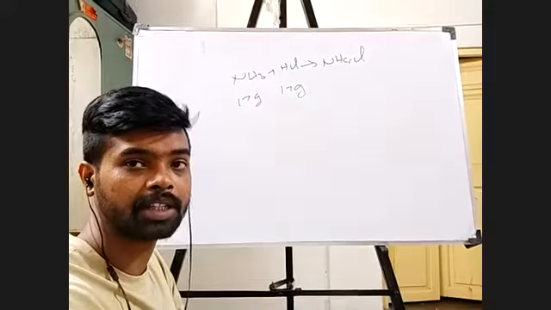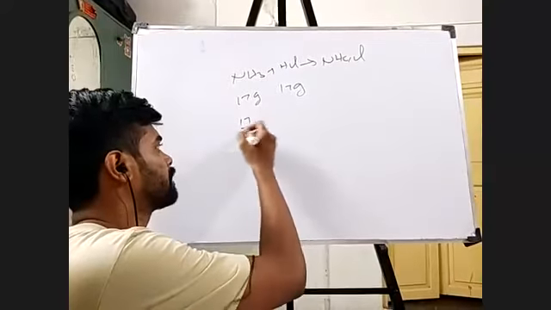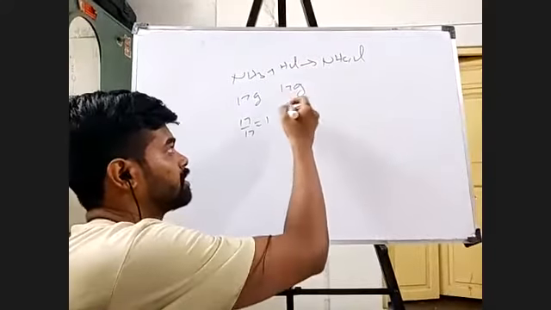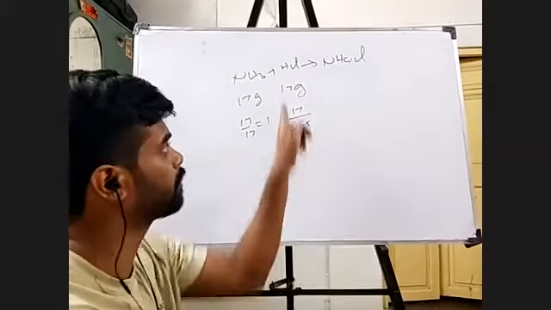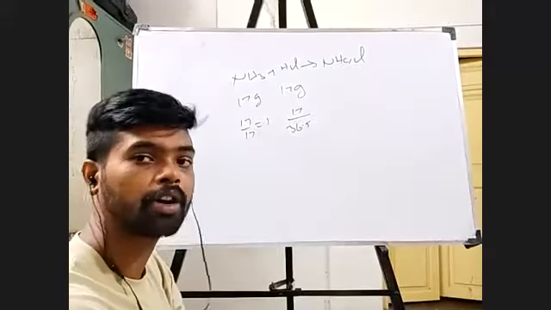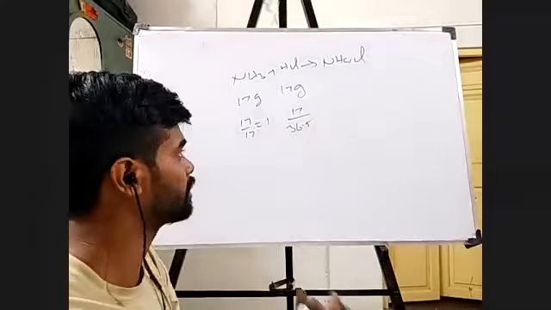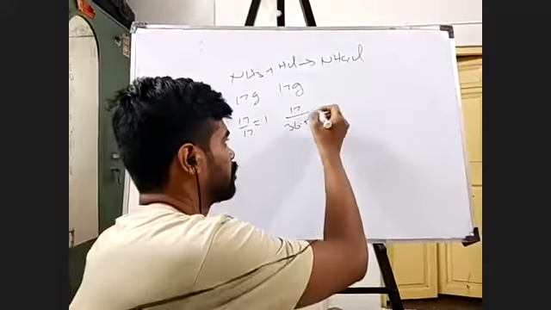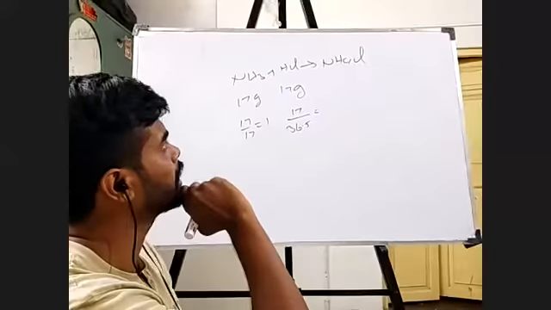So 17 divided by 17 is 1 mole of NH3. And for HCl, it is 17 divided by 36.5. How 36.5? For hydrogen 1 gram, for chlorine 35.5 grams, isn't it? Sir, for ammonia also 17 by 20 should come, no, sir.